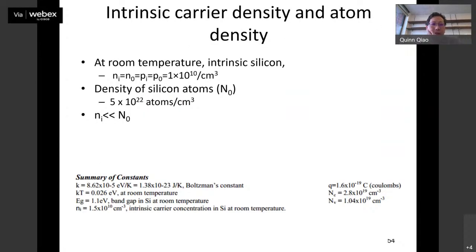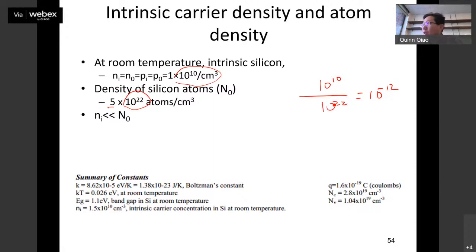And then intrinsic carrier density, I think we talked about this, right? That's about 10 to the power 10 per cubic centimeter. And then you may care about the silicon atom density, right? When atoms come together to form single crystalline silicon, the silicon atom concentration is about 5 times 10 to the power 22. Now if you have 10 to the power 10 divided by 10 to the power 22, you get 10 to the power minus 12.